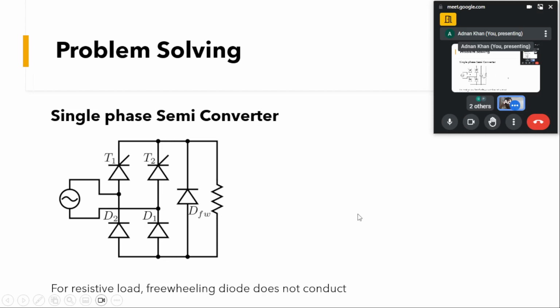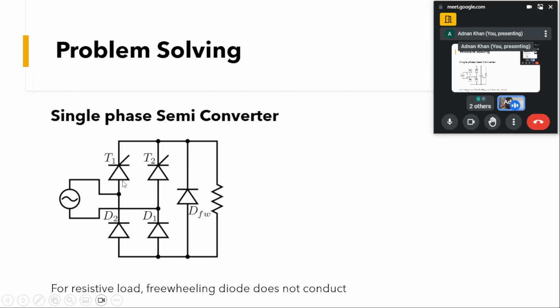As soon as the voltage comes out to be zero, the current will also be zero. The freewheeling diode only takes part when there is an inductive load, because the current has to flow through it due to the inductor, since we cannot interrupt the current through the inductor instantaneously. That was the tricky part. Because of this resistive load, the freewheeling diode won't conduct at all; its conduction period will be zero.